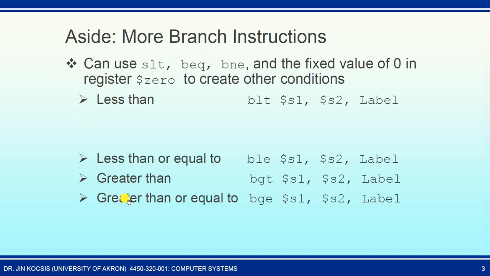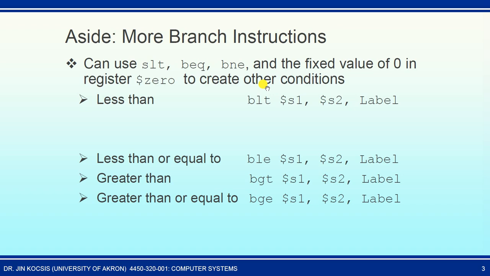Near the end of the last class, we mentioned that our MIPS 32 instructions are not limited to equality for conditional decision making, but can potentially use inequality, such as branch if less than, branch if less or equal to, branch if greater than, branch if greater or equal to. However, instead of creating these as official instructions directly, we use another instruction, set on less than, to work together with branch if equal and branch if not equal to represent those meanings.